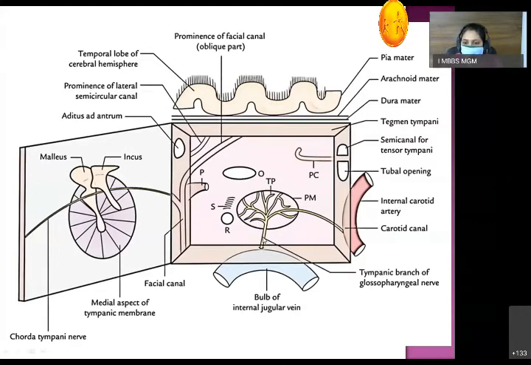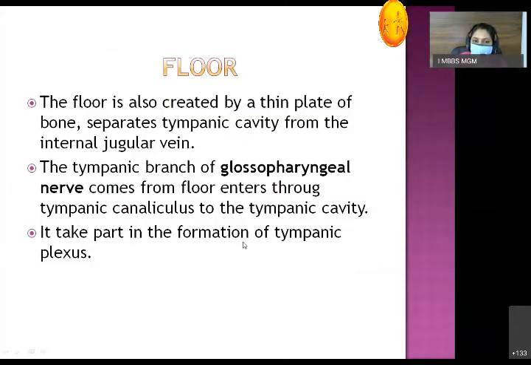It takes part in the formation of the tympanic plexus. So this is about the floor.